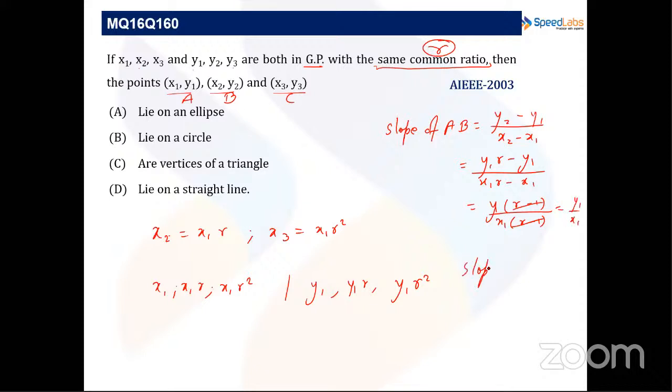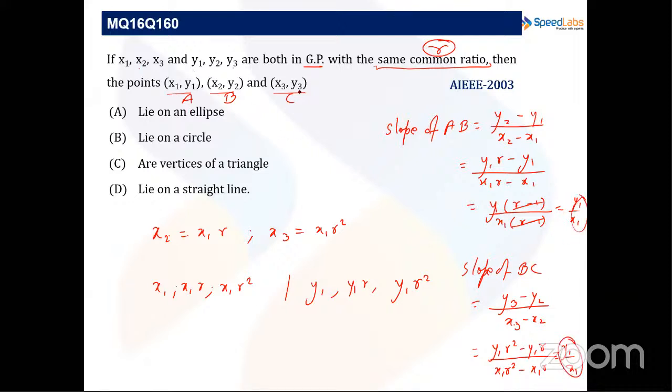Similarly, if you find the slope of BC, then that will be y3 minus y2 upon x3 minus x2. So that would be y1R square minus y1R upon x1R square minus x1R. From this, y1 common upon x1 common. So we are getting the slopes equal.